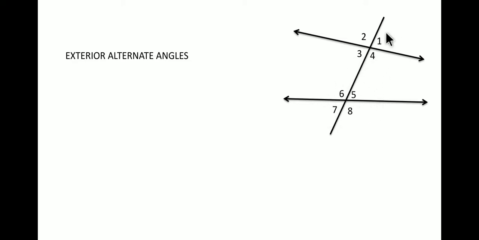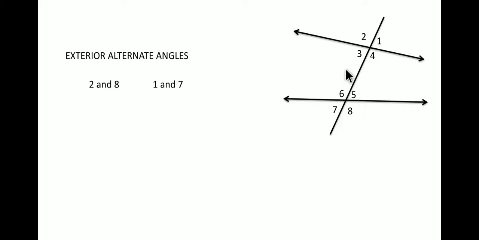So this one, angle number 1, is from this side of the transversal, and the other is from the other side of the transversal, this side. This side is exterior angle 7. So we can say 1 and 7 are exterior alternate angles, and similarly 2 and 8 are exterior alternate angles.